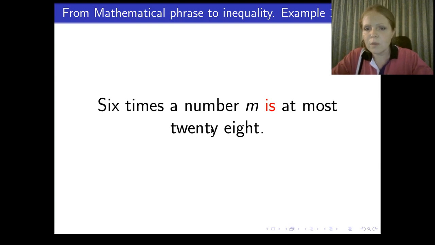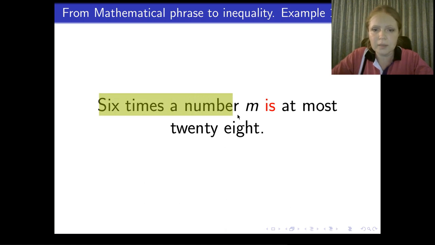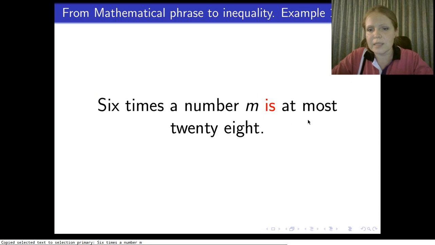We can split it in two parts: the left side of the inequality and the right part of the inequality, and between them there is the English word is. This is the key word which is used to split this phrase into parts.